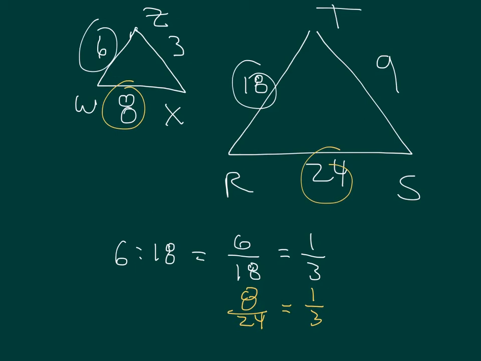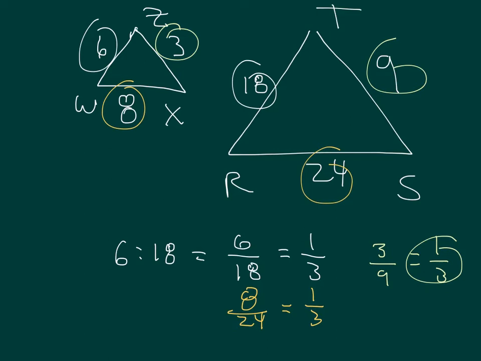And lastly, we have a 3 and a 9, so that is 3 over 9, which is 1 to 3. So these three pairs of corresponding sides are proportional, therefore these are similar figures.